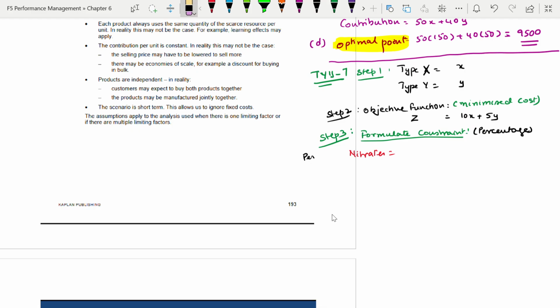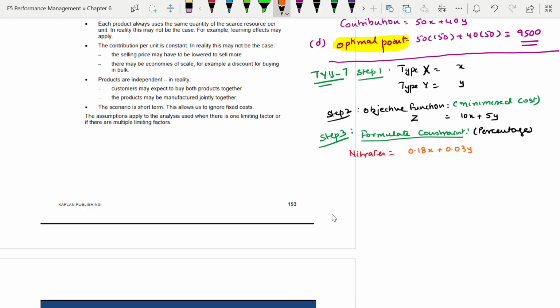Once you revise the video, automatically you will have it very clear. 0.18x plus 0.03y is equal to... Now you see that when you are talking in terms of maximization, it is less than or equal to. When you are talking about minimization, it means you have to utilize the cost to the maximum extent.